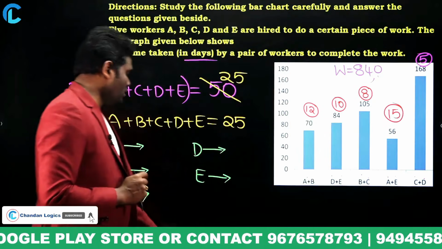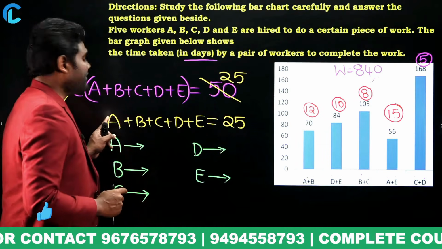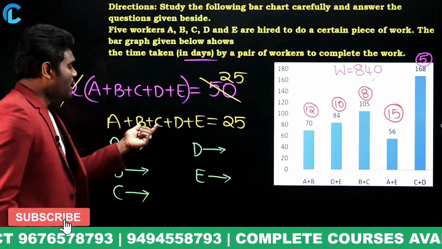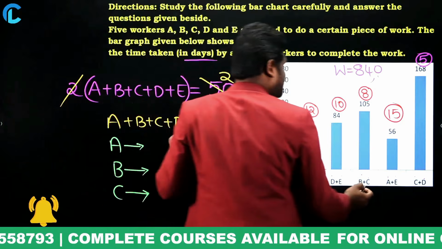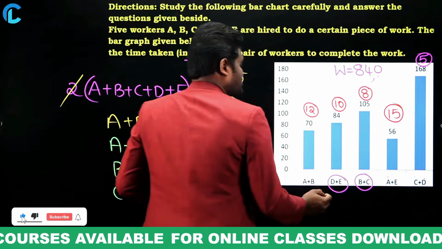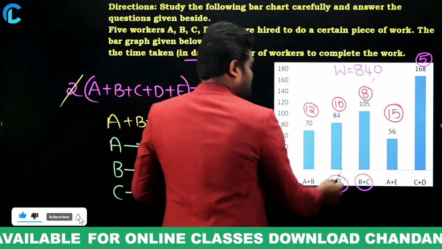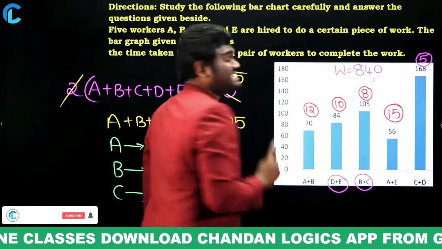To know A alone, I need to know B plus C plus D plus E. Yes or no? Now look, this is B plus C, and this is D plus E. B plus C is 8, D plus E is 10. So 10 plus 8 is 18.